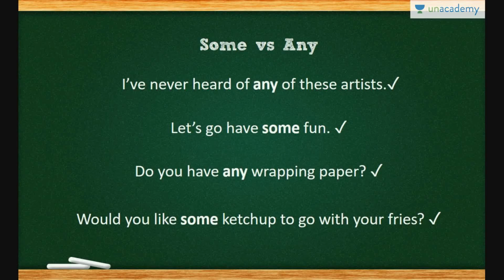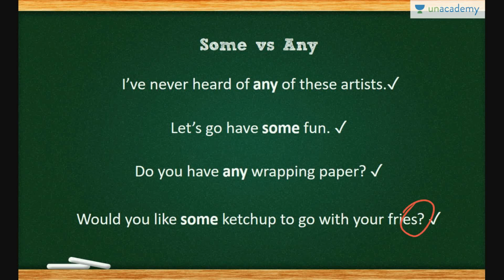Next few sentences. I have never heard of any of these artists. Never, negative. Therefore, we use any. Let's go have some fun. Affirmative sentence, some. Do you have any wrapping paper? Interrogative, we use any. Would you like some ketchup to go with your fries?